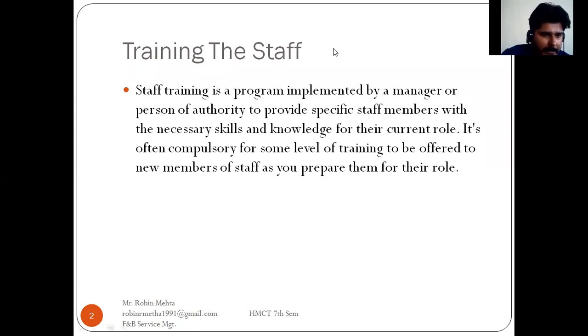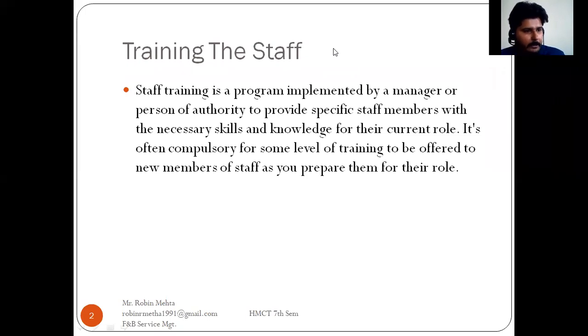So we can say that the senior persons, managers, and the authority, the person having the authority to give the training to the employees, to the junior persons, to the new employees, or the employees we are recruiting for some specific positions. It is necessary to give skills and knowledge to them to fit in their role which they get from the organization.